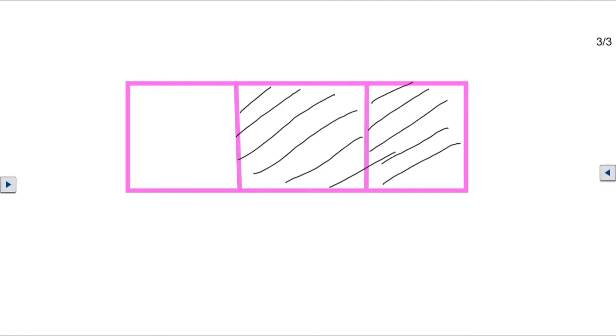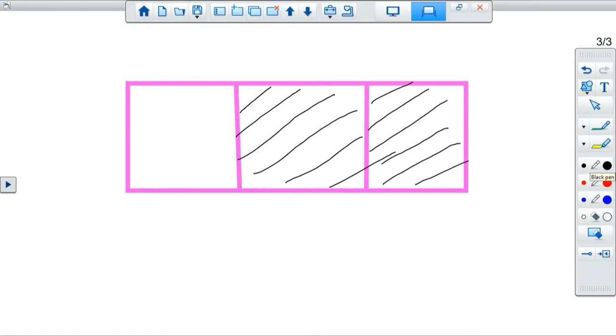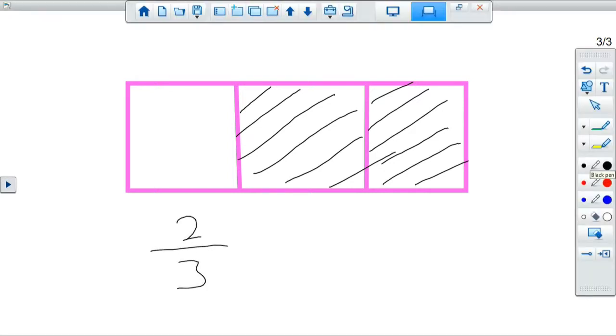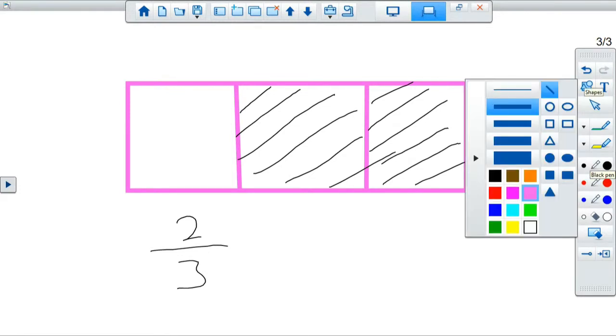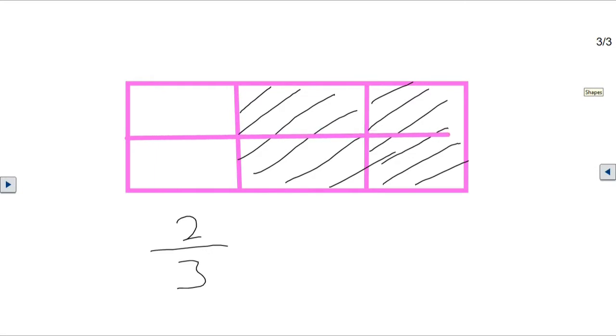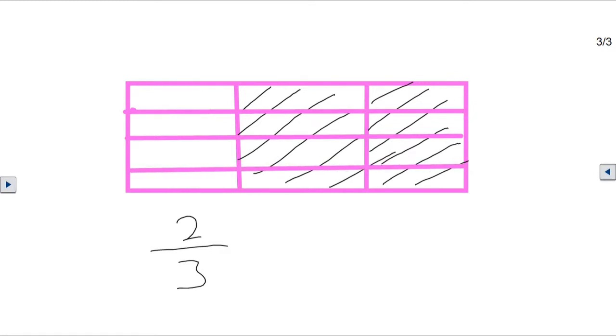We could use the same scenario, a candy bar. I've got 2/3 of it left, and this time I've got 4 friends I want to share that with. So I'm going to split it into fourths. There's half, and then each half I will split into half. Like so.